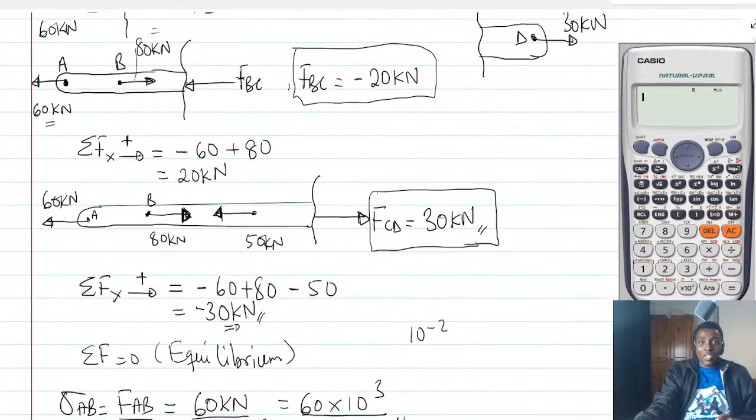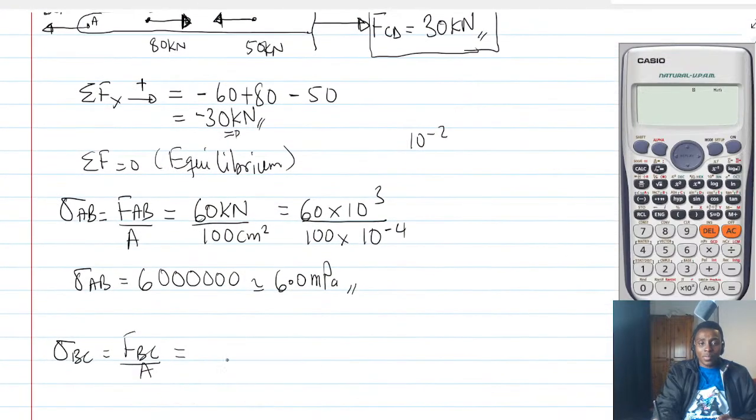We had minus 20 kilonewton, divided by 100 times 10 to the power minus 4. And what is that? So 20 times 10 to the power 3 over 100 times 10 to the power minus 4.